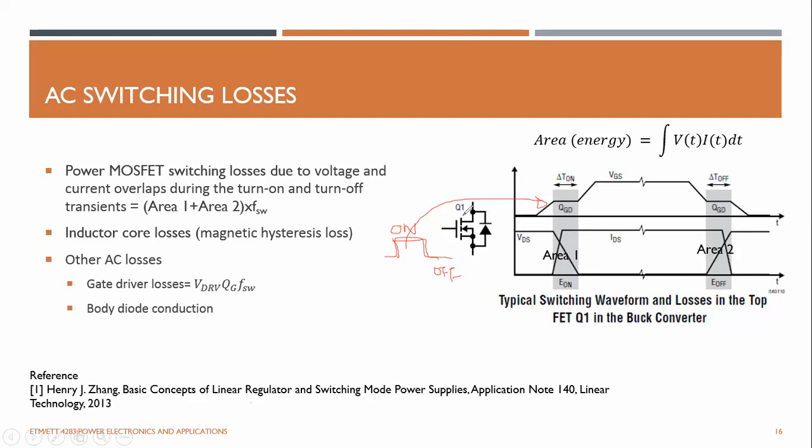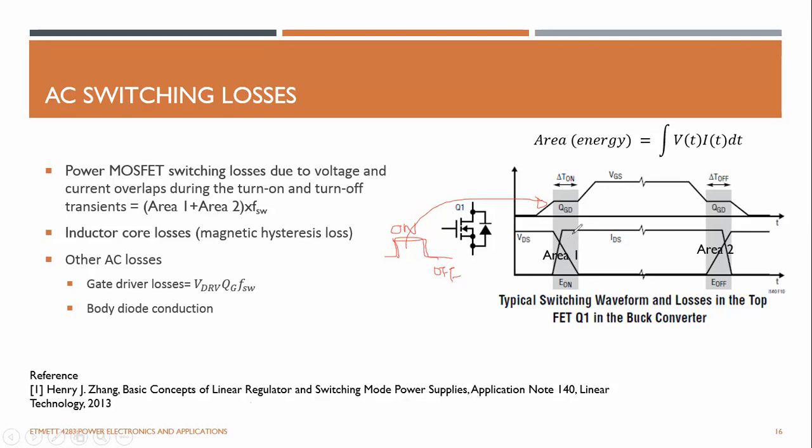And the current, when it is turned on, increases like this, and when it is switched off, the current goes down, right? And there's an overlap time period where the voltage of this MOSFET doesn't go suddenly to 0, it goes down like this, and the current is also ramping up like that.